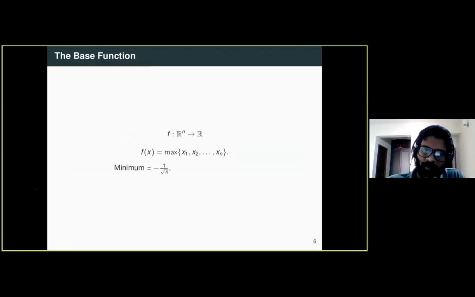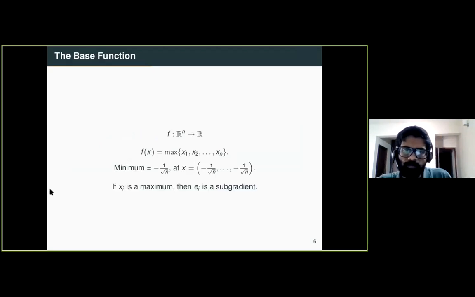Its minimum is -1 by square root n within the unit ball, and it takes this value at this point here. Its subgradients are also easy to analyze. If xi is one of the maximums in this expression, then ei is a subgradient, because if I move along the direction of ei, I am moving with the slope of 1. And this function is convex because all the constituent functions in the maximum are convex.